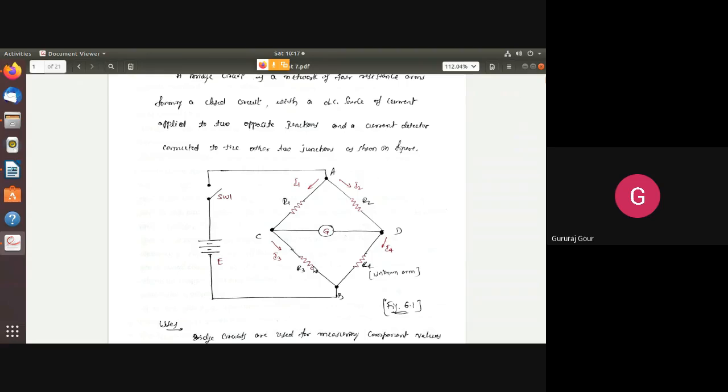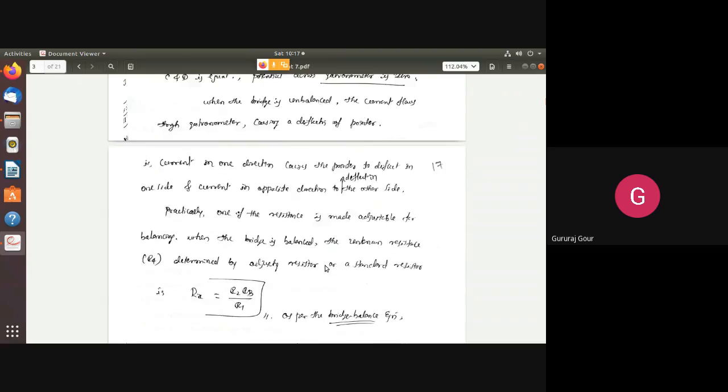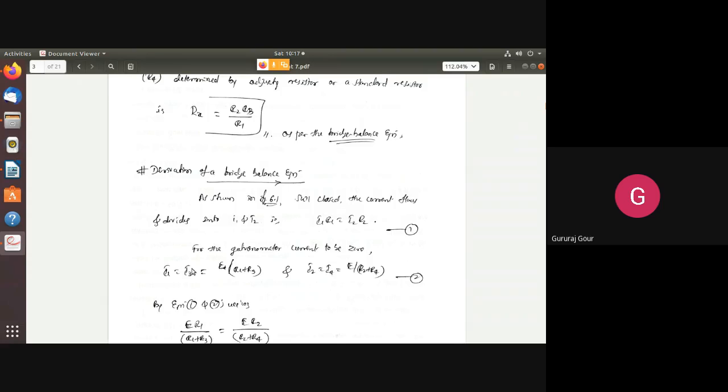So by Ohm's law we can write I equal to V by R. What is the voltage in this loop? Capital E, divided by total resistance R1 plus R3. So that's what we are writing as a part of equation number 2: I1 equal to I3 equal to E divided by R1 plus R3. Similarly, we can write I2.